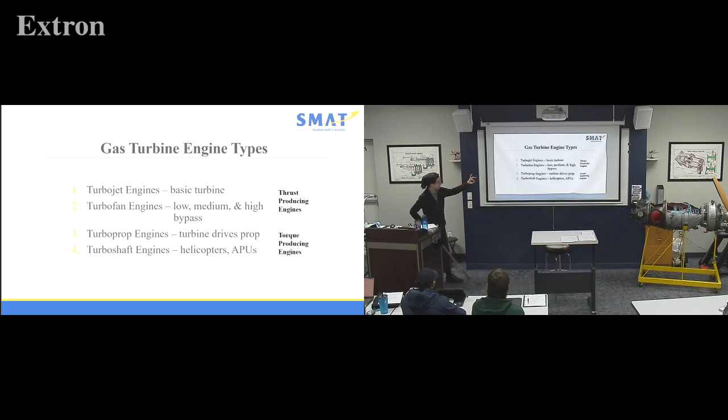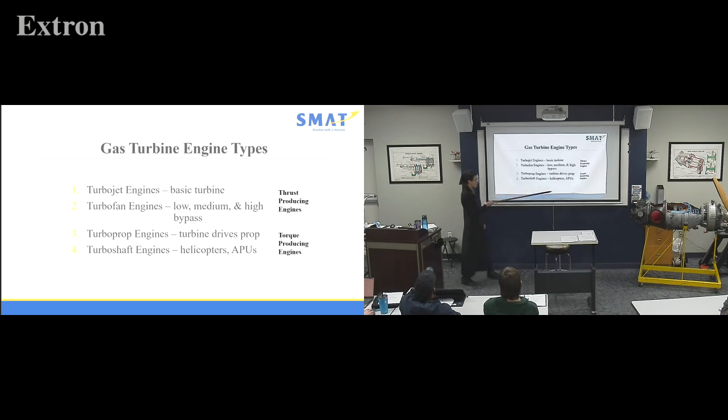Those four can be put into two groups. A turbojet and turbofan would both be classified as thrust producing engines, because everything making them go forward is all about thrust.